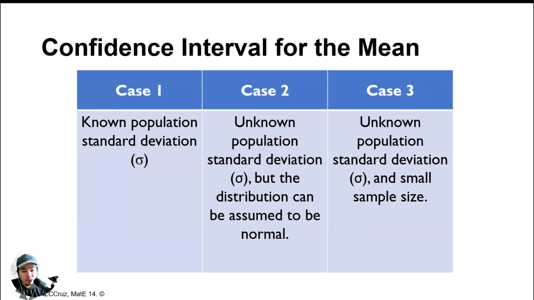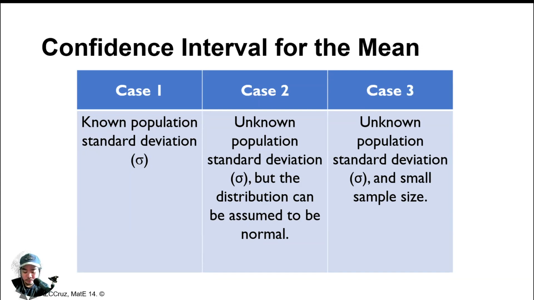Yung first is the known population standard deviation. That is what we call as case 1. Tapos case 2 is hindi known yung population standard deviation, pero yung distribution natin can be assumed to be normal. And usually we assume a normal distribution pagka yung sample size natin is large enough, no?